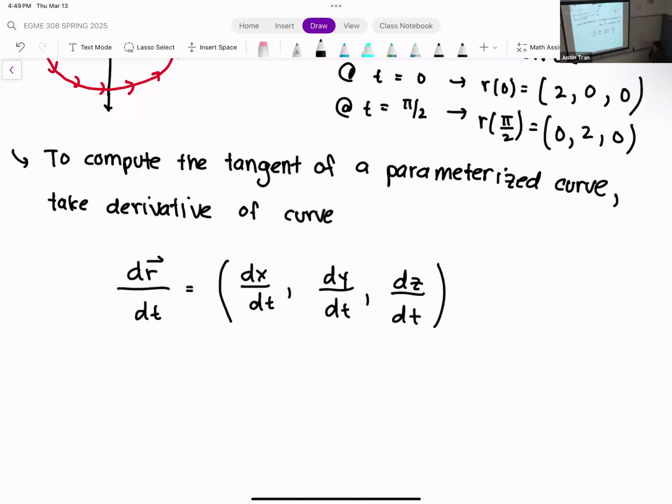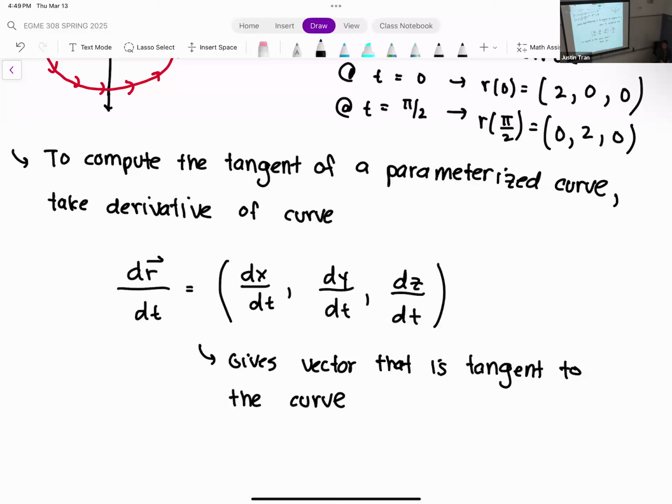All right, and then this is going to give you a vector which points kind of tangent to the curve. Okay. So that's an important part because that gives you kind of the direction. This basically gives you the direction of the path at that particular location.